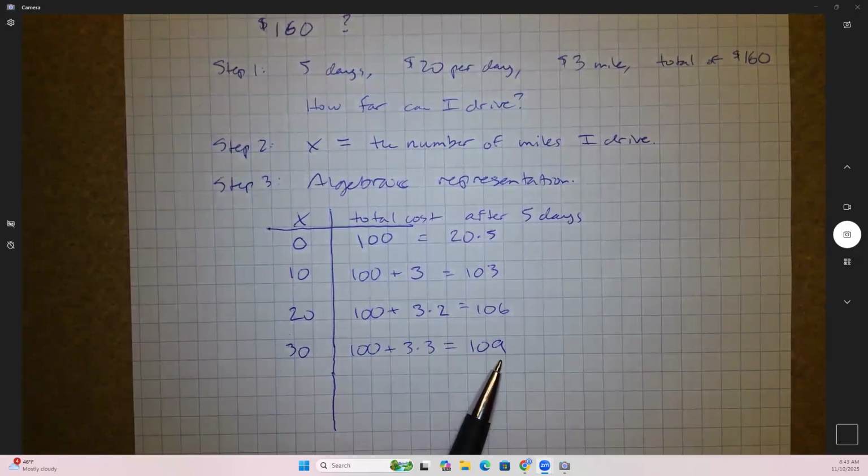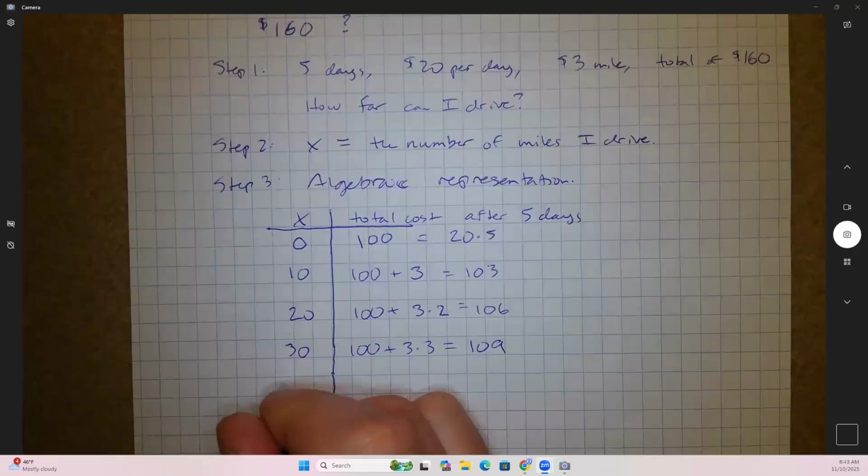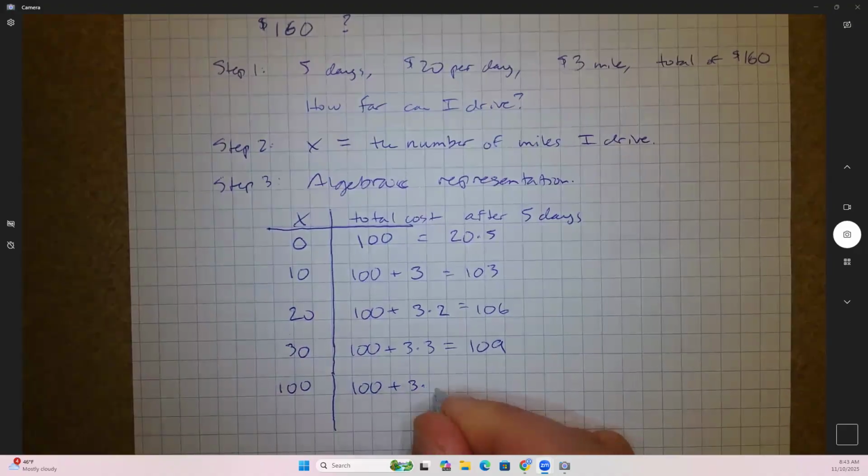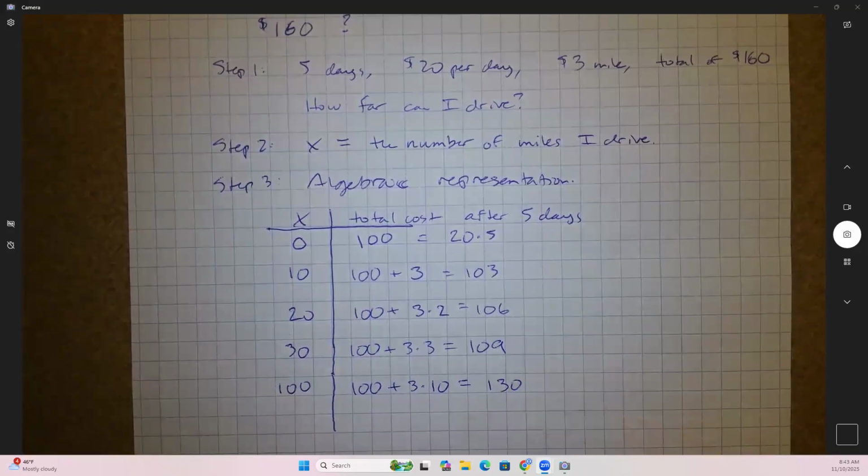So I could jump up a lot. Maybe let's try 100 miles. So if I drove 100 miles, that'd be 100 plus 3 times 10, right? Because that's 10 sets of 10, which is 130, and I'm still below.